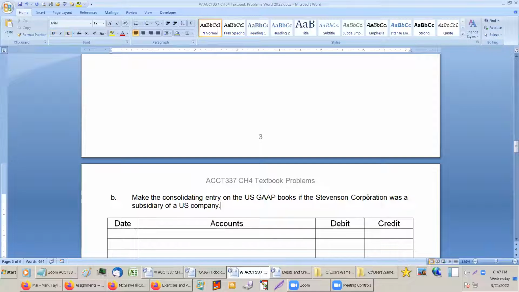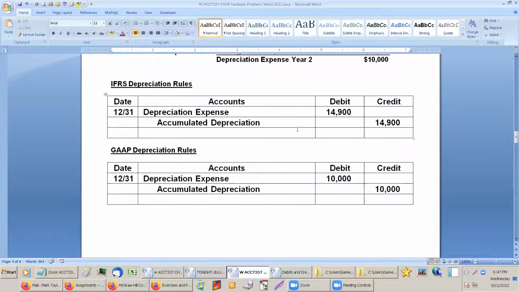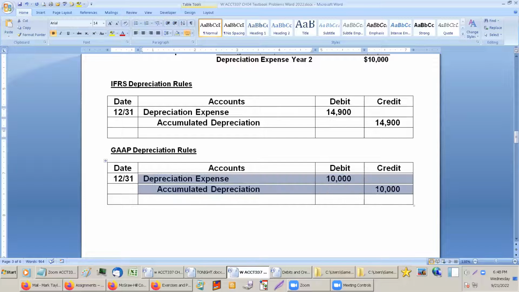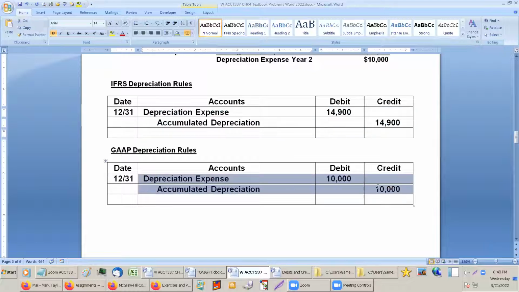If the Stevenson Corporation was a subsidiary of a US company, what would be the consolidated adjusting entry? Now, there's two ways to do this. You could just take the difference between those two and reverse out the amount. You could also take it off completely and put the correct one, the US GAAP one, on.